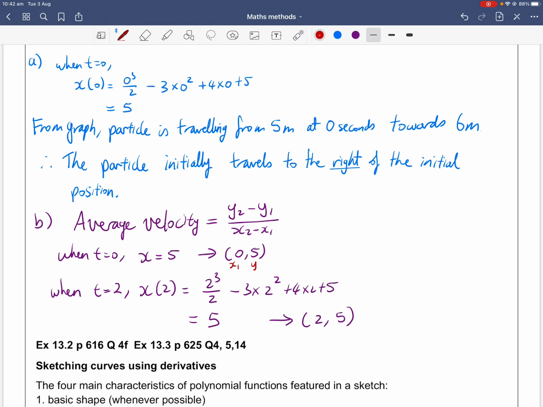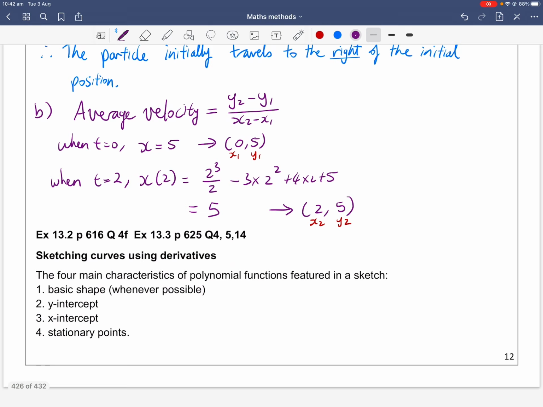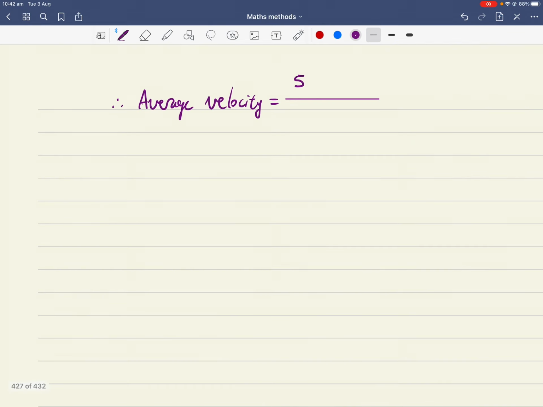This gives us x1, y1 and x2, y2 to work out the gradient or the average rate of change. So then we've got, therefore, average velocity equals 5 minus 5. So that was y2. y1 was also 5.